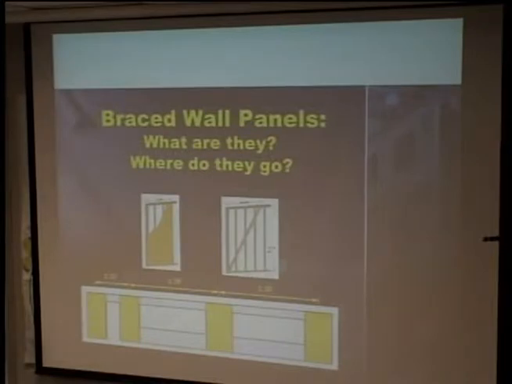To do that, we first need to know all the components of a braced wall. What's in a braced wall line? A braced wall line consists of braced wall panels, and you can get many different braced wall panels by code. So that's what we'll go over now: what are braced wall panels and where do they go?